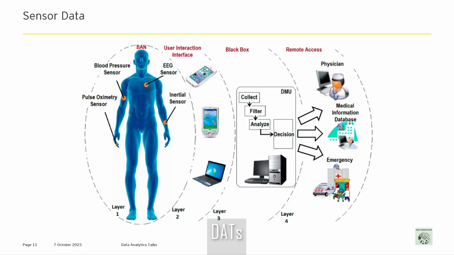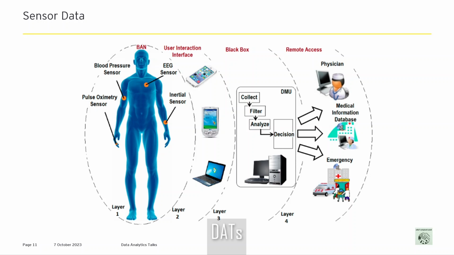So what is sensor data? The sensor data is the output of a device that detects and responds to some type of input from the physical environment. Take the example of a human. We have a lot of sensor information being generated.